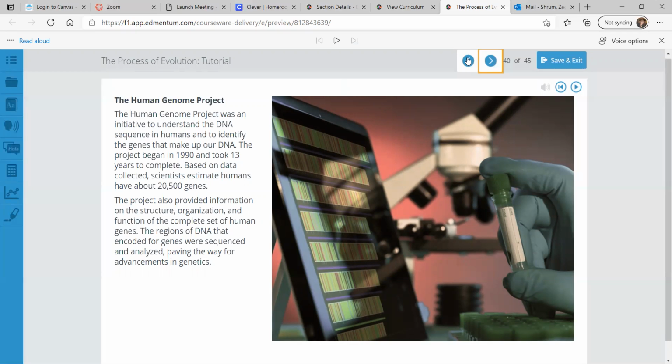The project also provided information on the structure, organization, and function of the complete set of human genes. The regions of DNA that encoded for genes were sequenced and analyzed, paving the way for advancements in genetics.